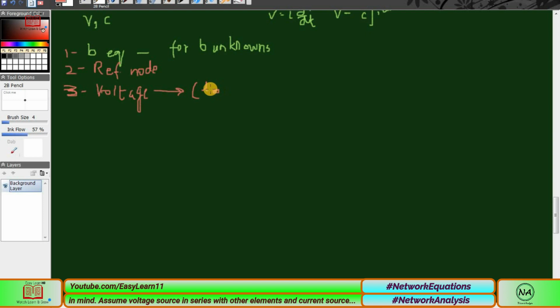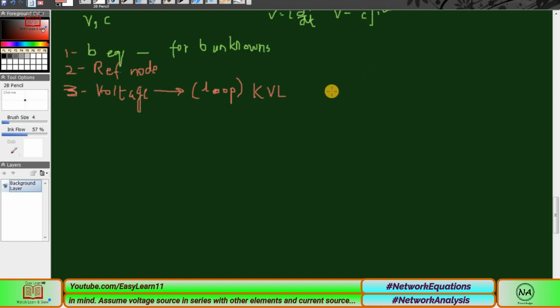We need to apply Kirchhoff voltage law, and Kirchhoff voltage law works in the loop format, while Kirchhoff current law works on the node points. For the sake of the loops, just understand how many loops and how many equations we need to write here.